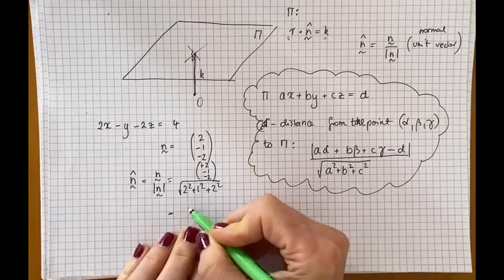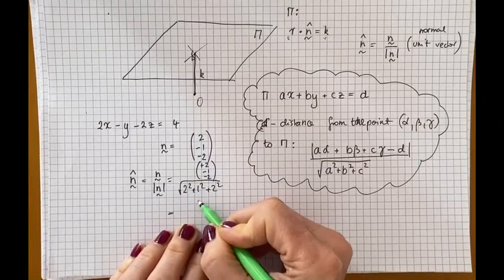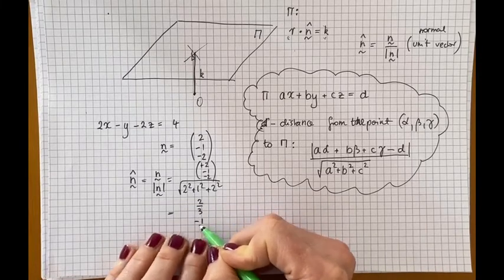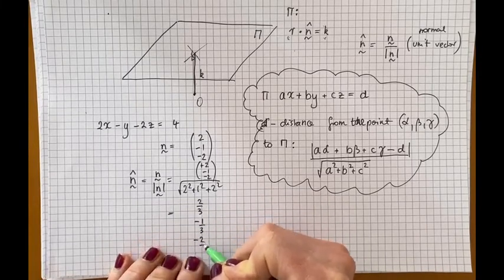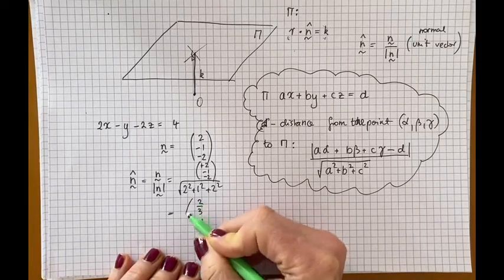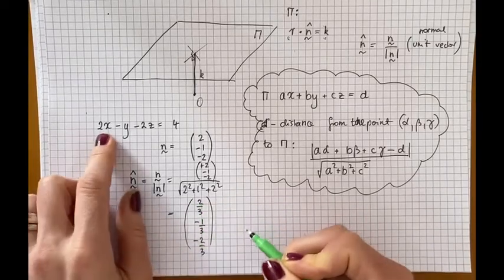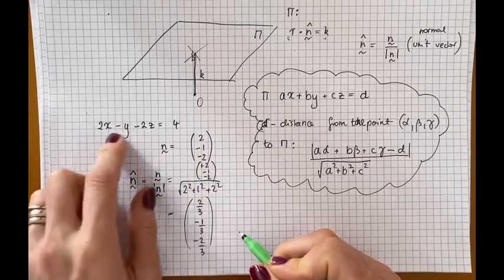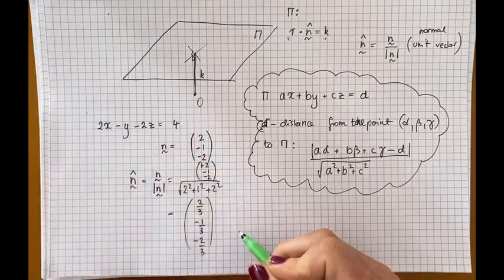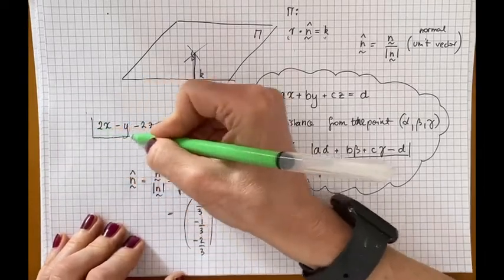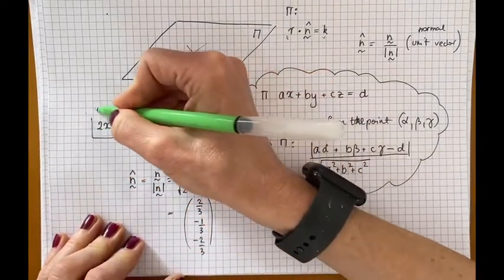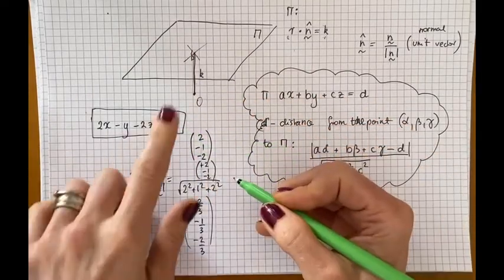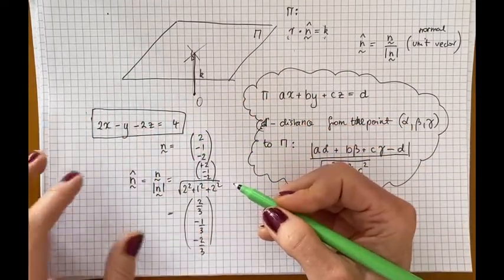So it's going to be 2/3, because we're dividing by 3, minus 1/3, minus 2/3. So we've divided our vector by 3. So if we were to divide this equation by 3, the number you're going to get on the right hand side should represent the distance from the plane to the origin.